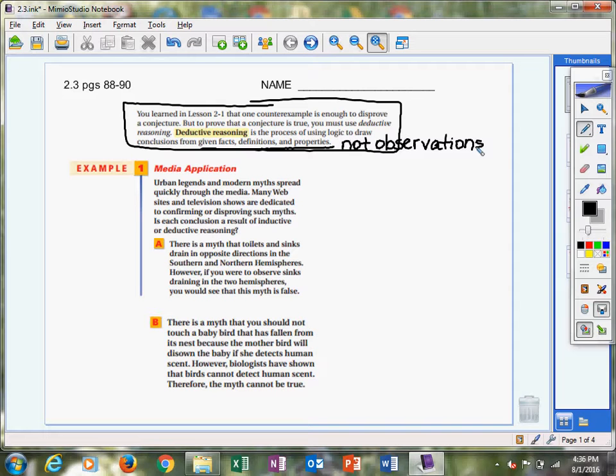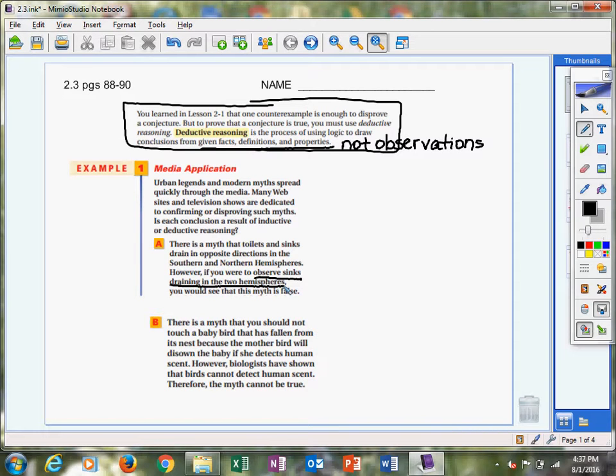Here's your first scenario. There's a myth that toilets and sinks drain in opposite directions in the southern and northern hemispheres. However, if you were to observe sinks draining in the two hemispheres, you would see that this myth is false. Okay? Now, I think a key word is here: observe sinks draining in the two hemispheres.